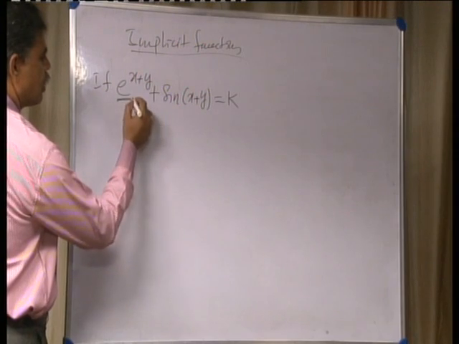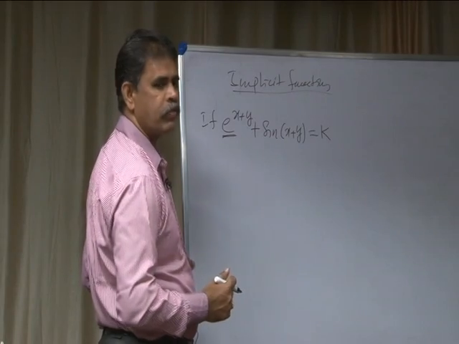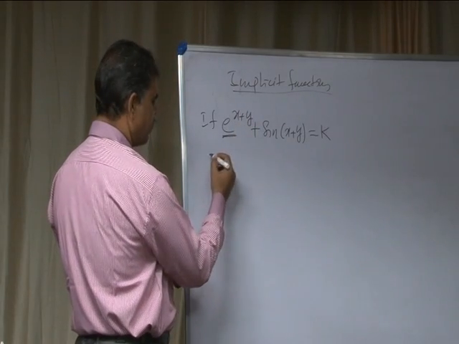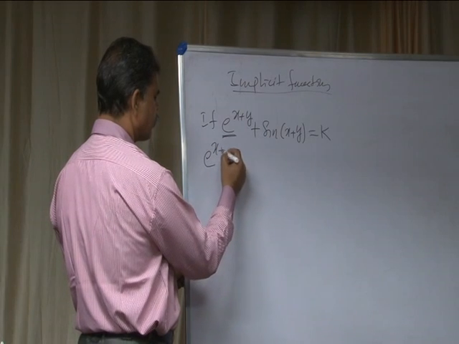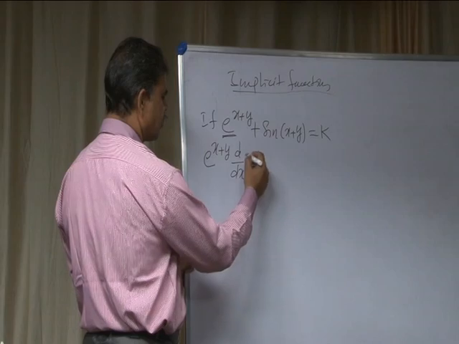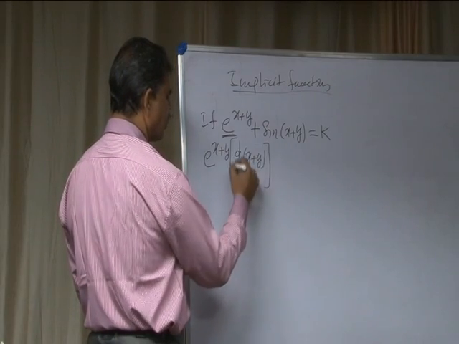It is e to the power of a function, and the function is x plus y. If you differentiate e to the power of function, we get e to the power of x plus y into d by dx of x plus y, because it is a chain rule.